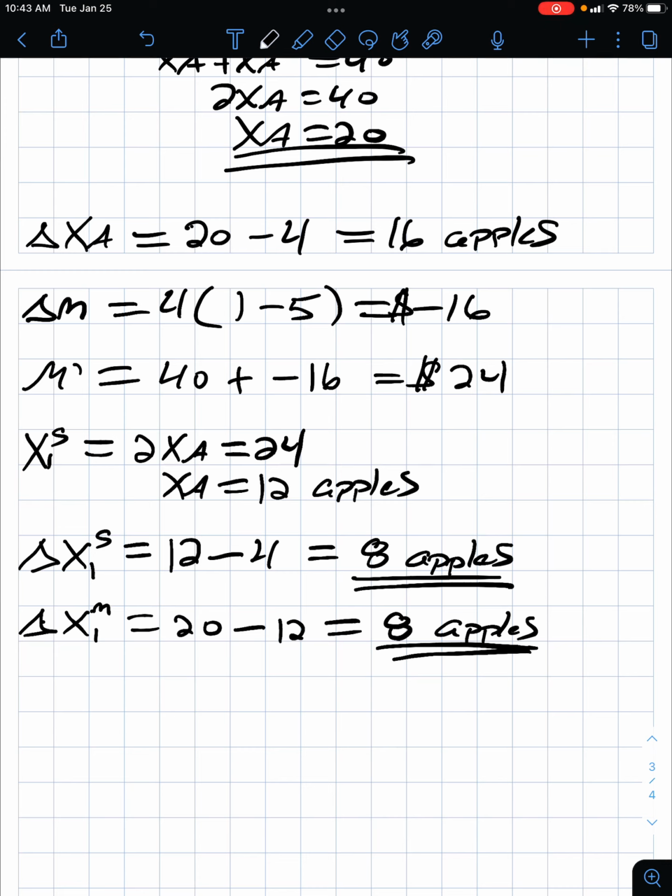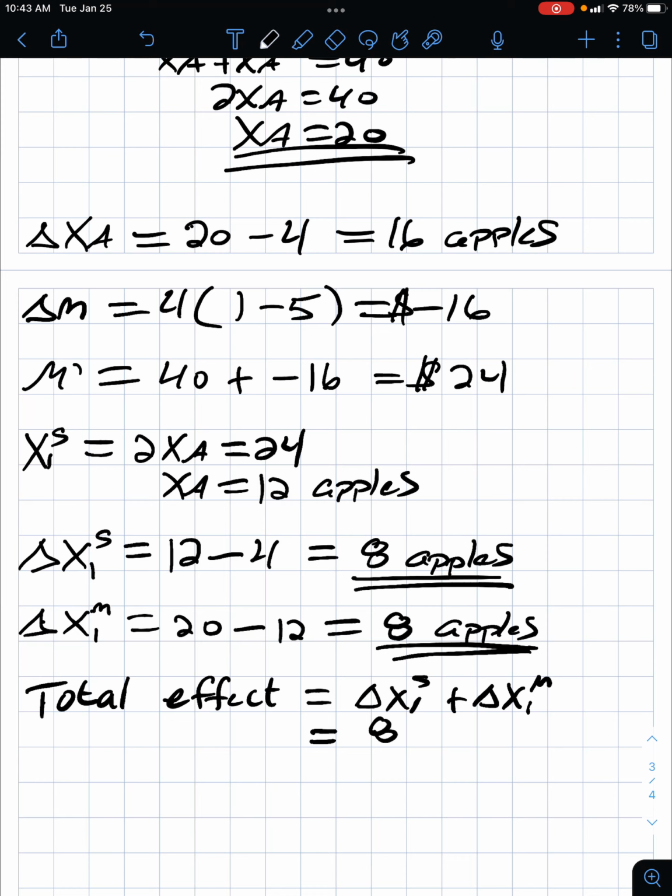And then the total effect will be the change of x1 of s plus the change of x1 of m, which gives us 8 plus 8, which gives us 16 apples.